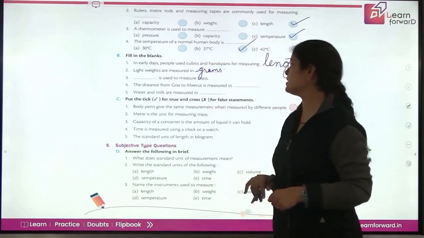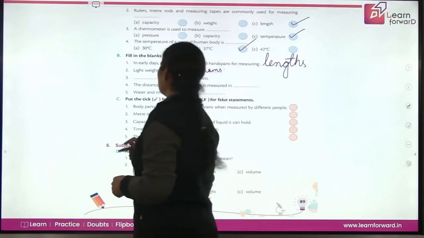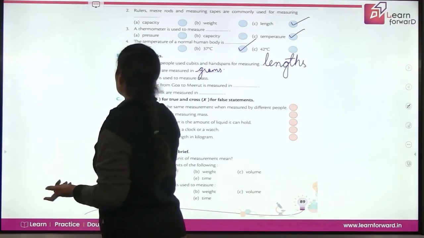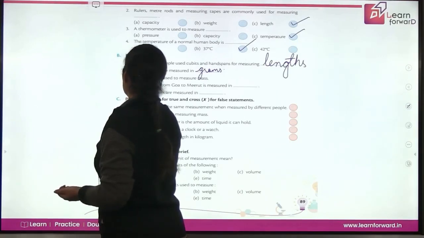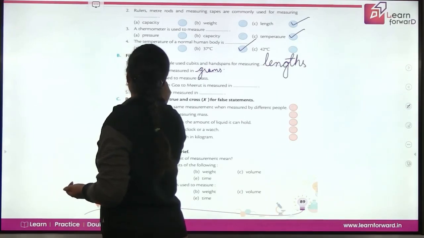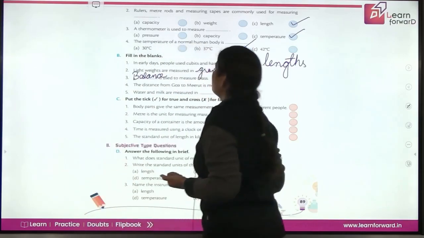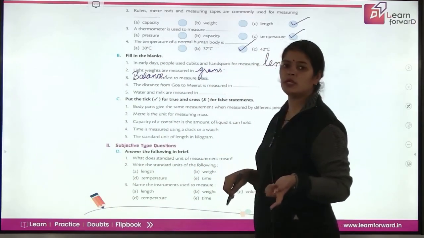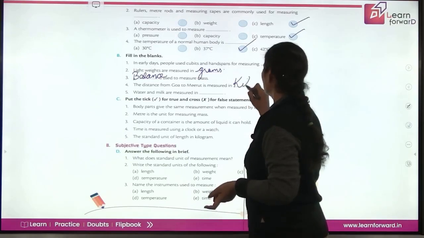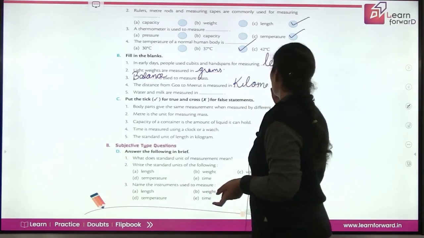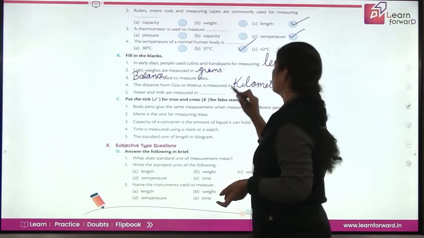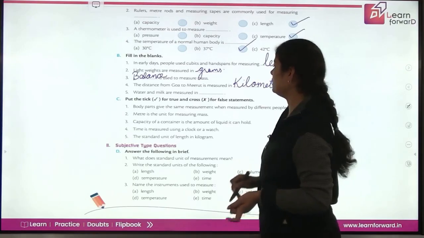Dash is used to measure mass. What is used to measure mass? Maybe balance, weighing balance. The distance from Goa to Meerut is measured in kilometers. Water and milk are measured in liters.